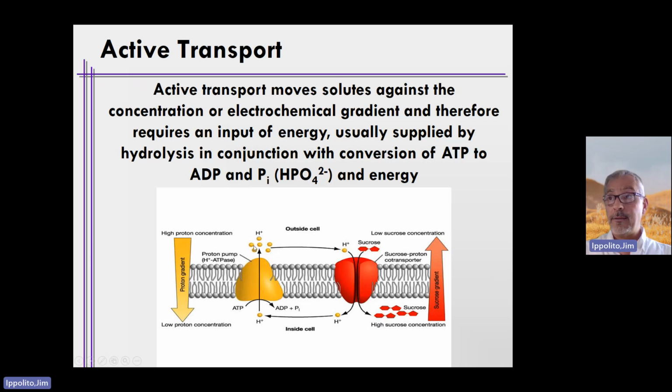There's a gradient that's generated where the concentration of hydrogens outside of the cell are greater than inside of the cell. And there's a transport mechanism by which those hydrogens can flow back in. And when they flow back in, this transport mechanism can also carry sucrose to the inside of, say, the cortex cell. This is all active transport because it requires a great deal of energy in the form of ATP.